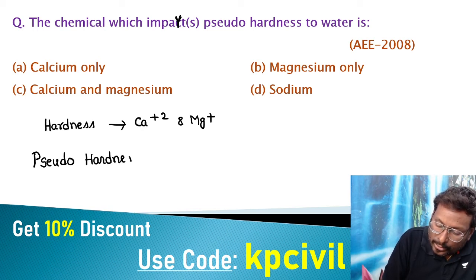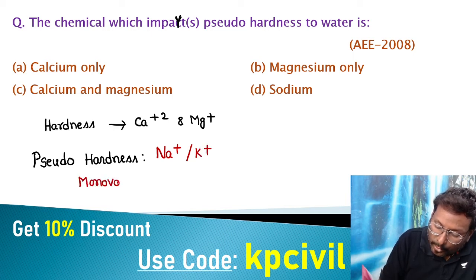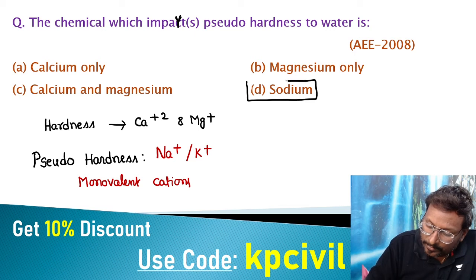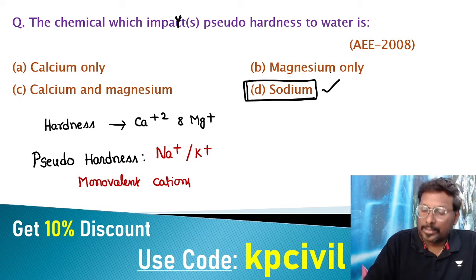What are monovalent cations? Sodium or potassium. These monovalent cations will cause pseudo hardness. Among the given options, it is sodium.